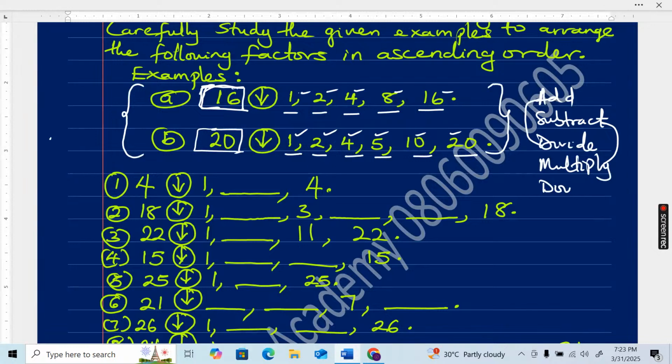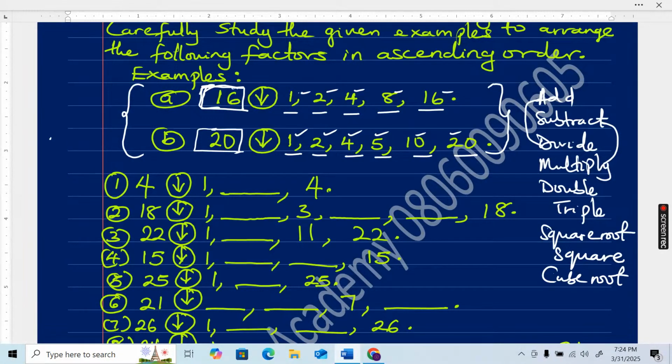Sometimes you may be asked to double, to triple, to find the square root, or the square. You may be asked to find the cube root or the cube. Can you see how I'm listing operations in math? Sometimes you may be asked to reduce a particular number or fraction to the lowest term.